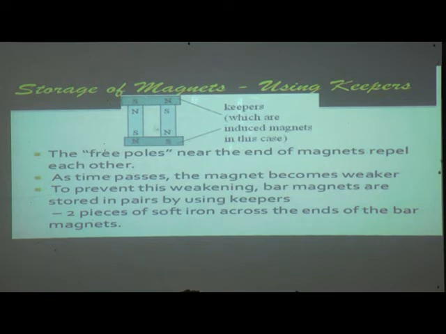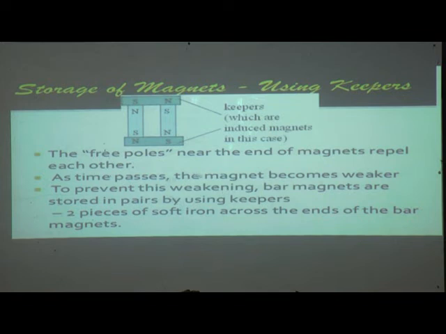So these are induced magnets on both sides, and these are called keepers. And as time passes, the magnet becomes weaker. So as time passes, if we do not keep this in a box or in a particular way, these magnets will become weaker.